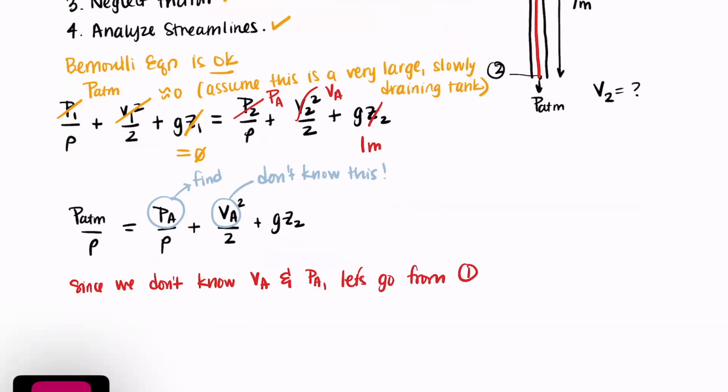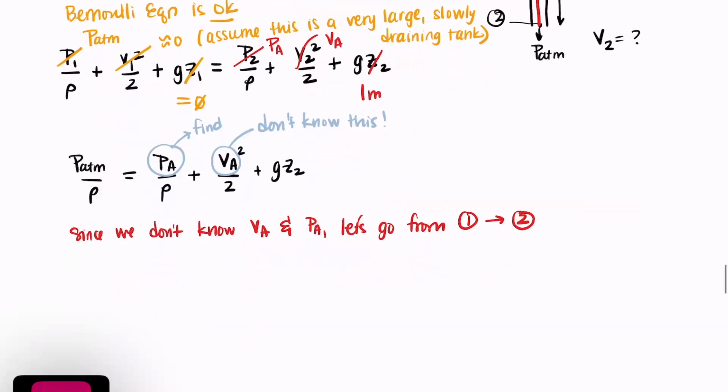We're going to go from 1 to 2 instead. We still have our left-hand side the same, P atmosphere over rho, but now we have P2 over rho plus V2 squared over 2 plus GZ2.